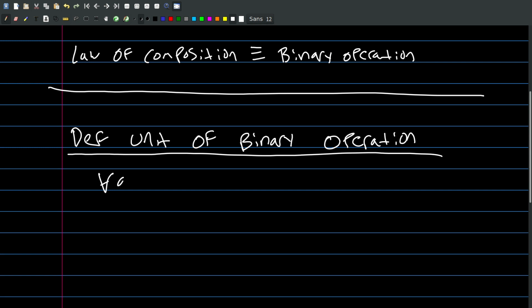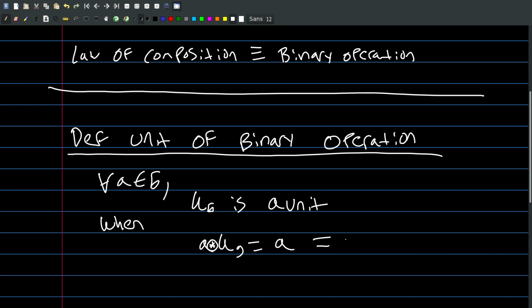So for all A in G, U is a unit when U operation A equals A, which is equivalent to, if it's not commutative, then it'll be this. This also holds.